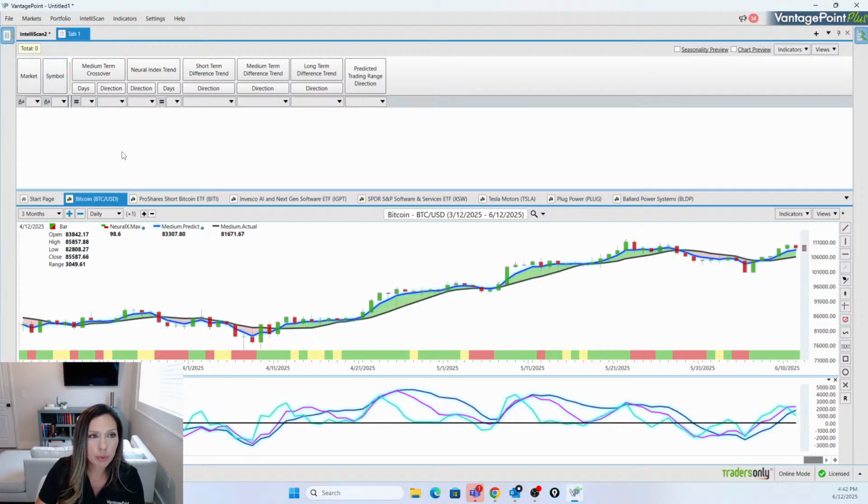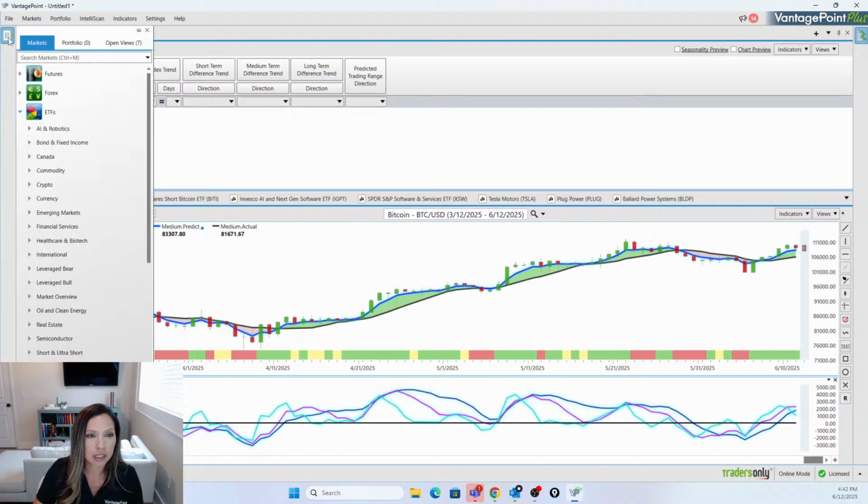And so if we take our IntelliScan, let's just identify very quickly what areas of the market are moving very strongly right now, right? How do we do that? And the best way to do that, and again, there's no one size fits all, but the easiest way, I think, is just to take your Spider sector and just drag and drop that into your scan.